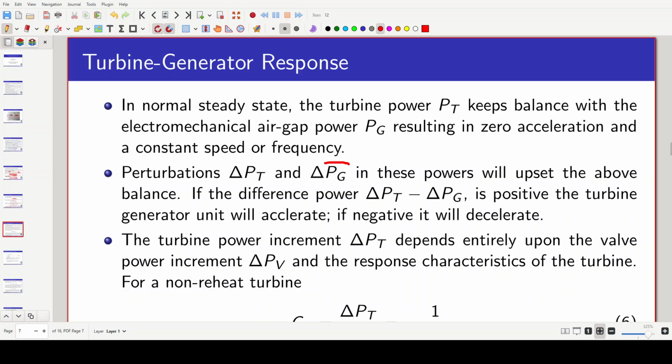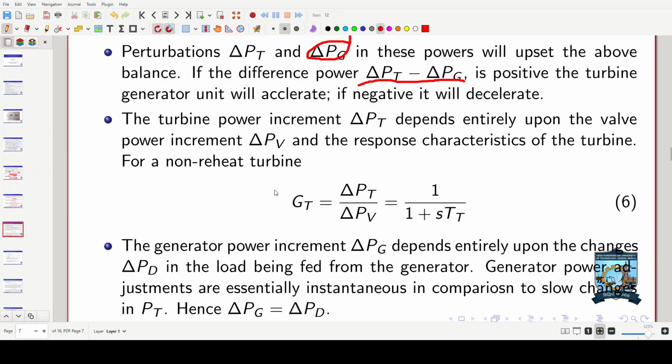Delta PG here is the load power that we are concerned about. So the difference in power is delta PT minus delta PG, where delta PT is the output from the plant and delta PG is the load power. This can be modeled using this equation, showing how the valve and the turbine power are related, using the turbine time constant.